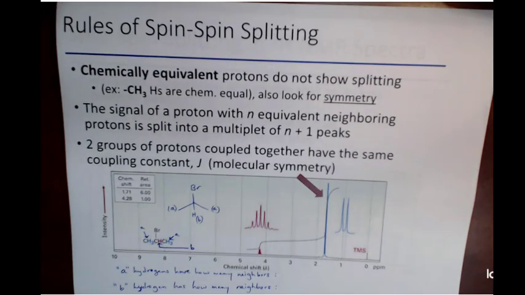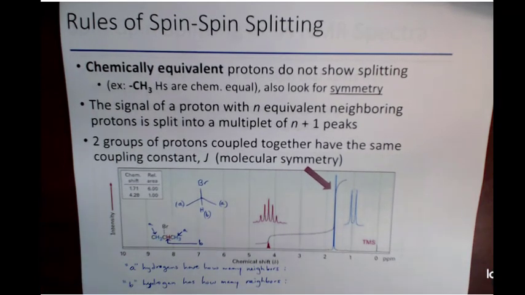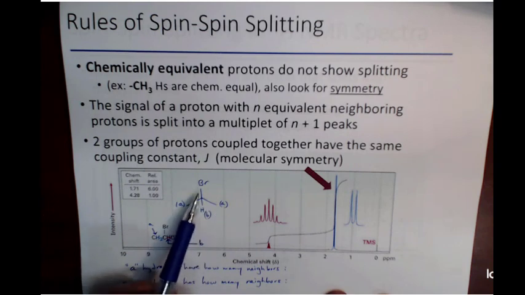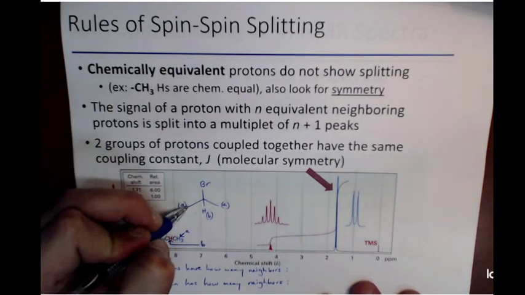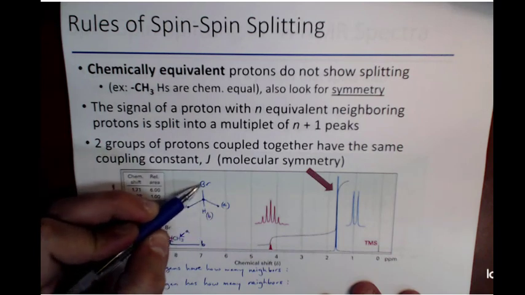All right, so in our N+1 rule, we want to look at some examples here. If we look here at 2-bromopropane, here's a condensed structure, but I also drew the skeletal structure. You can see here how you have 1, 2, 3 carbons, and then you've got a bromine in the middle.